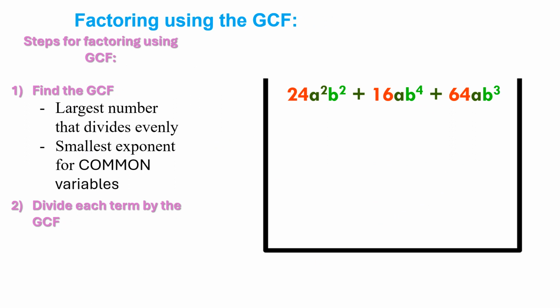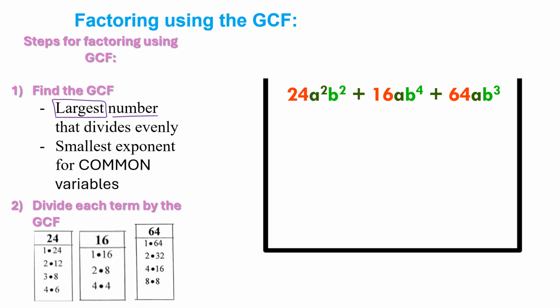Okay, one more here, looking a little bit more detailed into if there are multiple variables that you have. So again, still wanting to find that greatest common factor. So finding the largest number that those coefficients have in common. So looking at 12, 16, and 64, they have quite a few numbers in common.